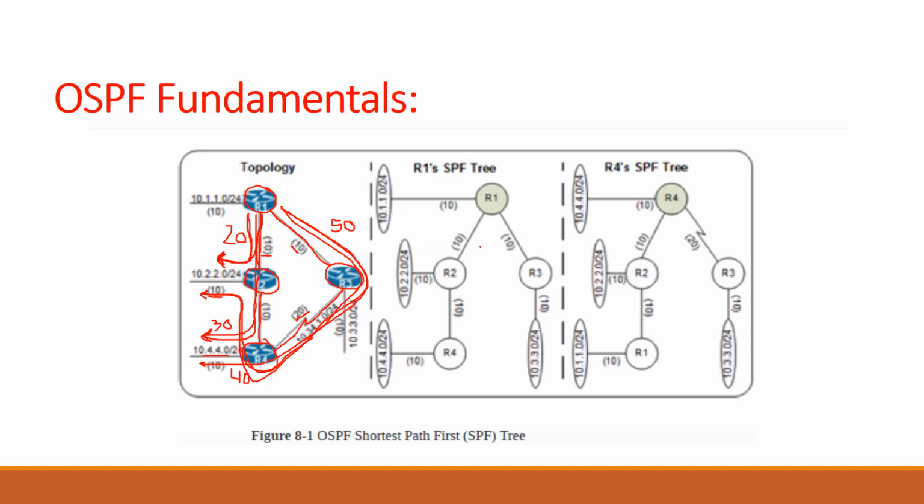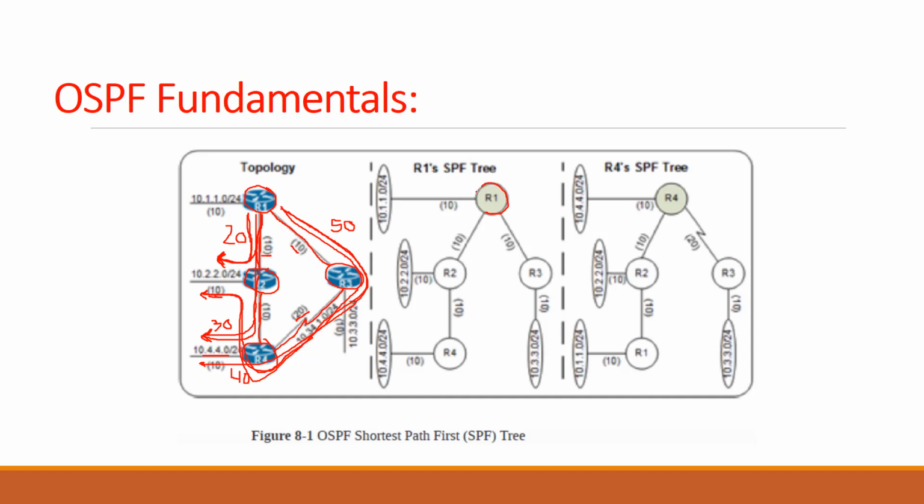So if you draw the spanning tree, the shortest path first tree, sorry, I don't know why I'm saying spanning tree, maybe because they have some similarities in concept, the loop-free topology.